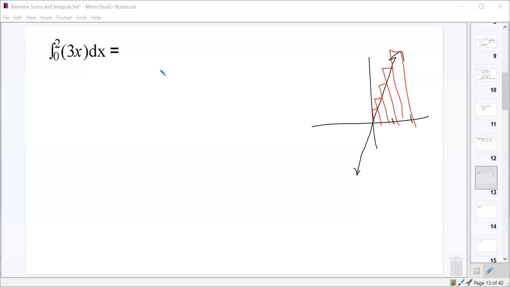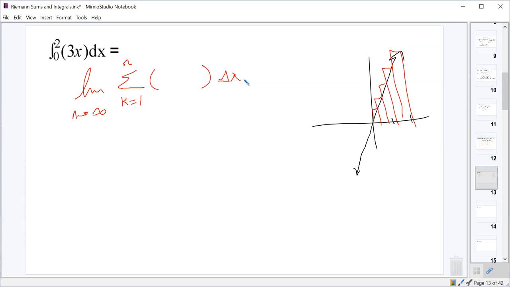All right. So every time we do this, we're going to start off with a limit as n approaches infinity. So it's a limit as the number of subintervals approaches infinity of the sum from k equals 1 to n of, inside of here we need an area. So we need a height of our rectangles, and we need a width.